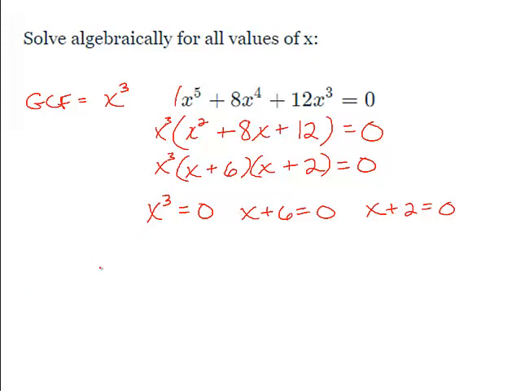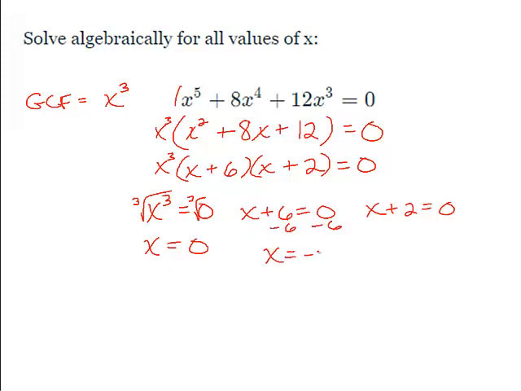Now we have one more thing we need to do, and that is to solve for x. So I have to solve each of these equations. May not have done this before, but we have to uncube something. That means we're going to take a cube root. But the cube root of 0 is just 0. Next one, I'm going to solve for x by subtracting 6 on both sides.